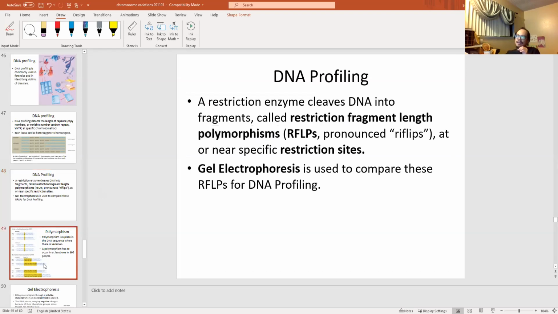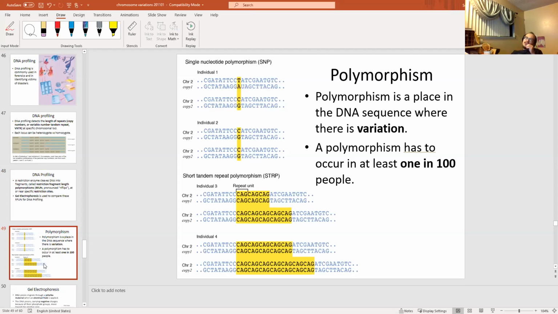So let's look into that. Polymorphism has two major types. One is called single nucleotide polymorphism, or SNP. So basically, this gene and this gene and this gene are all the same. Only one part is not the same. So that's the single nucleotide. You may see this as a mutation, right?